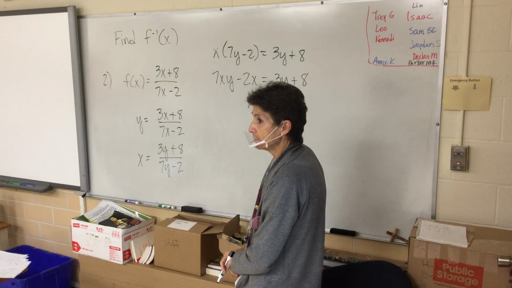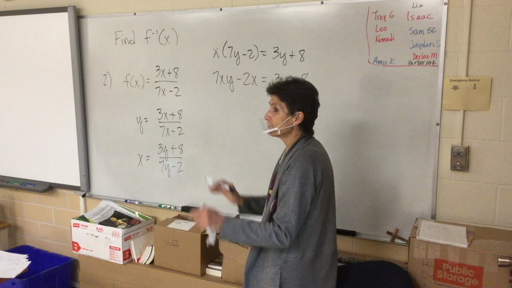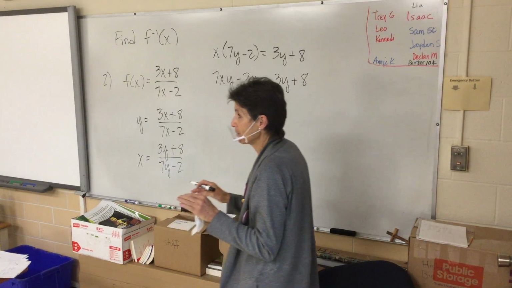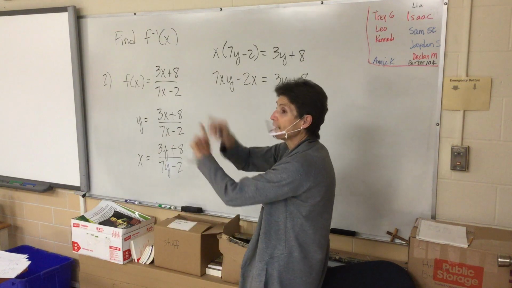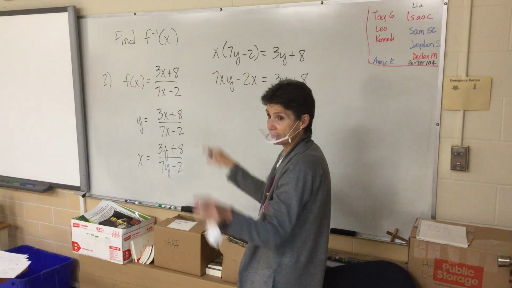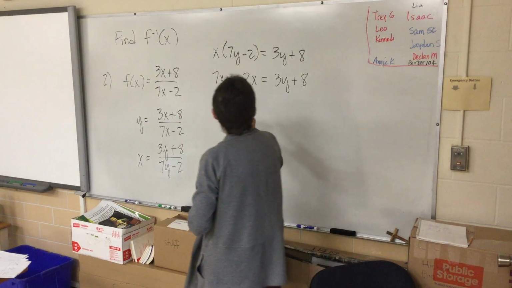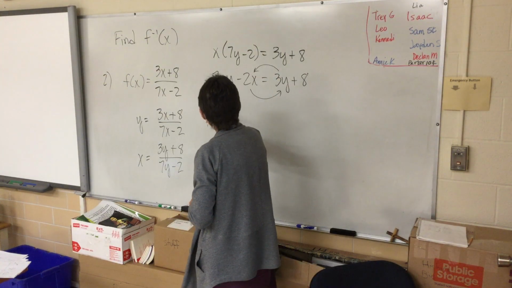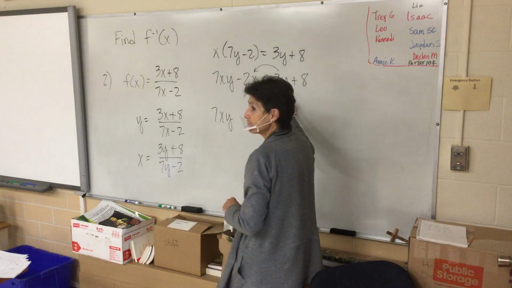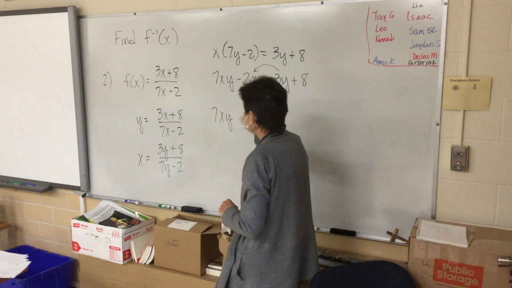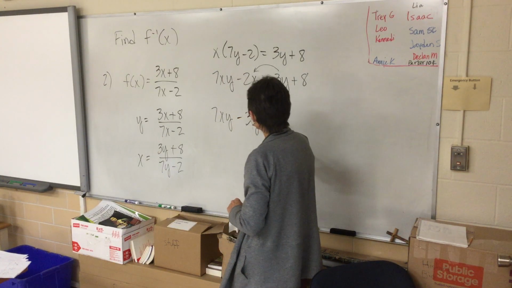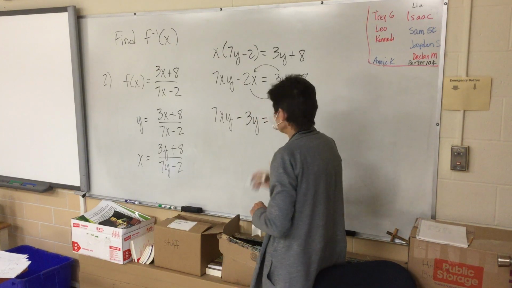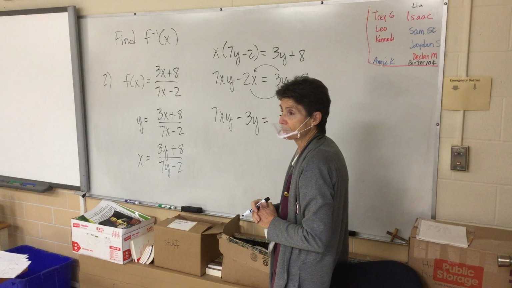Right? Now what? You're thinking along the right lines. You know you need to get those y's together. But first we're going to have to do the switching, right? This is going to come over here, and this is going to come over here. So we're going to have 7xy - 3y equals 2x + 8.